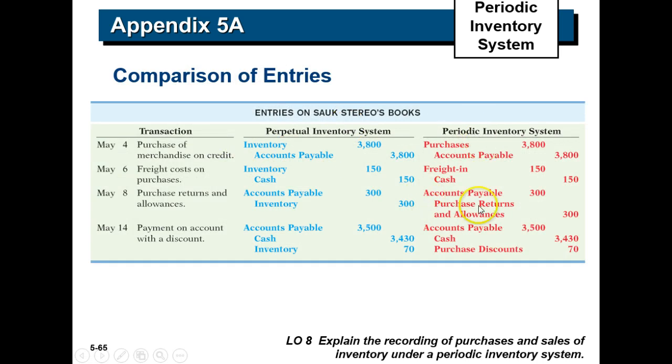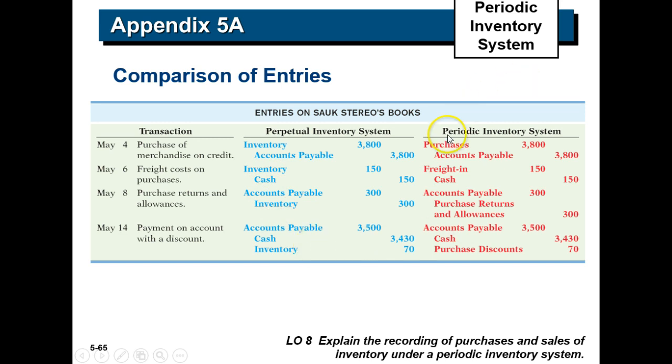So what they're trying to help you see here is when we're dealing with the periodic inventory system, we're going to record things a little differently than when we're using the perpetual system. Do you see how everything goes into inventory or comes out of inventory?